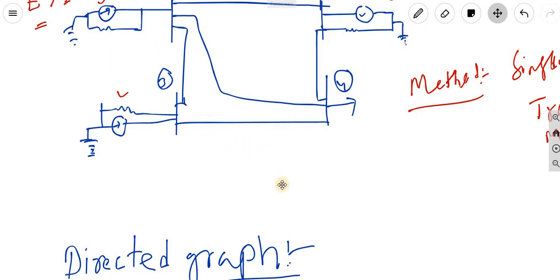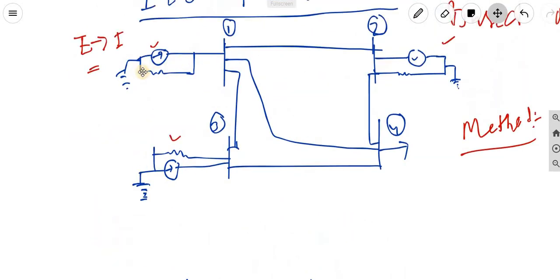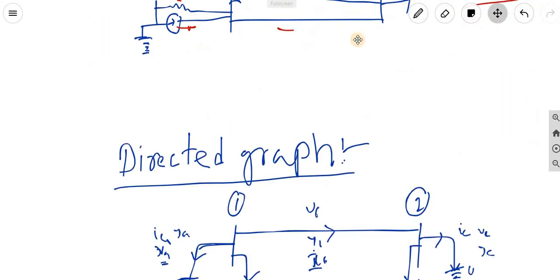With the elements you can draw the graph. Here this is presenting the impedance, this is also an impedance, but this one is a source and this one is an impedance. Now see how it is presented.